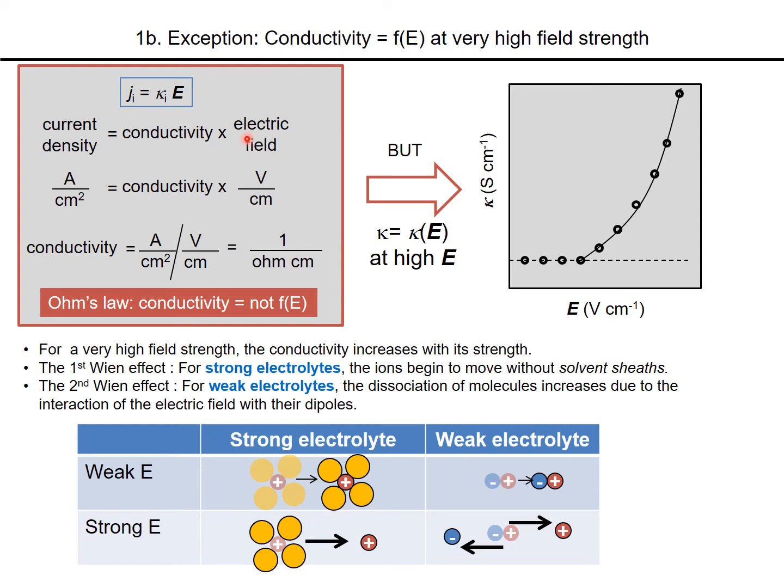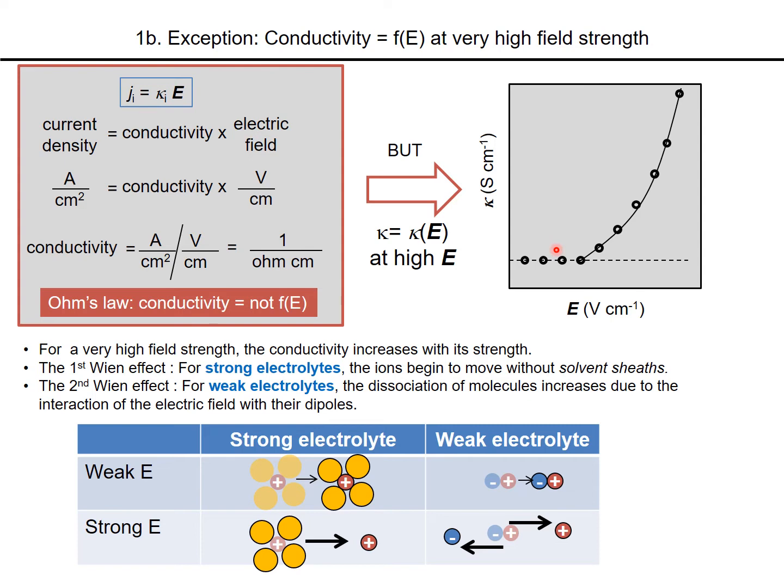However, in the real situation, we experience some deviation from this ideality. The y-axis is kappa in this graph. Kappa means conductivity, and the x-axis is the electric field. At low or small electric field, it is true that the conductivity is independent of electric field, actually constant.